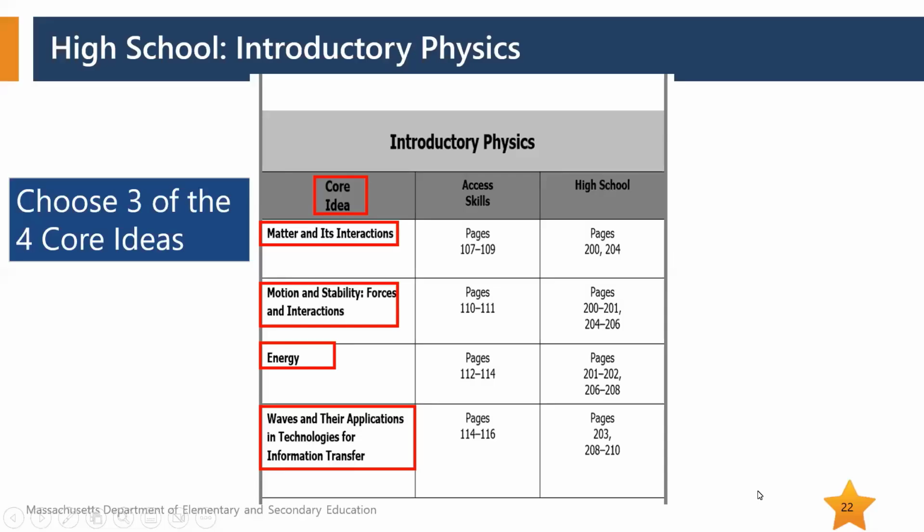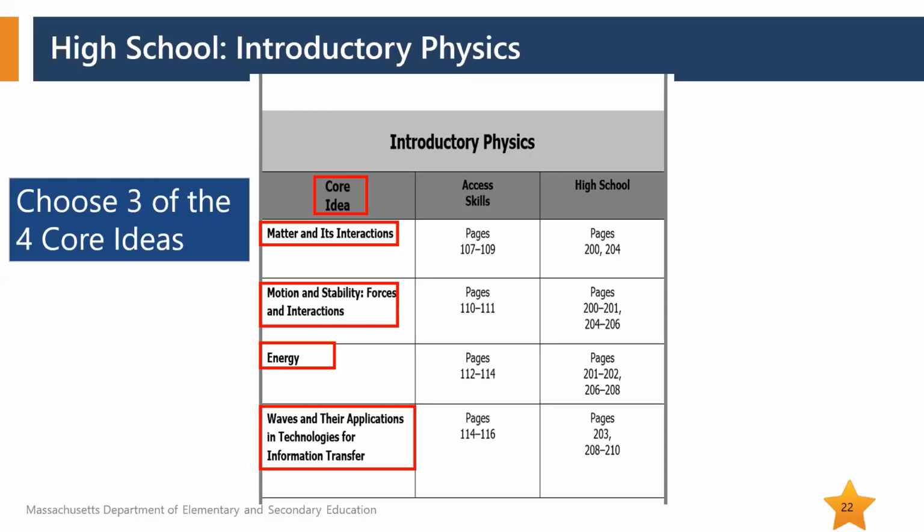So let's take a look here at introductory physics. Here's your core idea. And remember, the difference between 5 and 8 is that high school, you're going to choose 3 of the 4 introductory physics. So there's only, as you can see here on the left, there's 4 of them. You get to choose 3 of them.